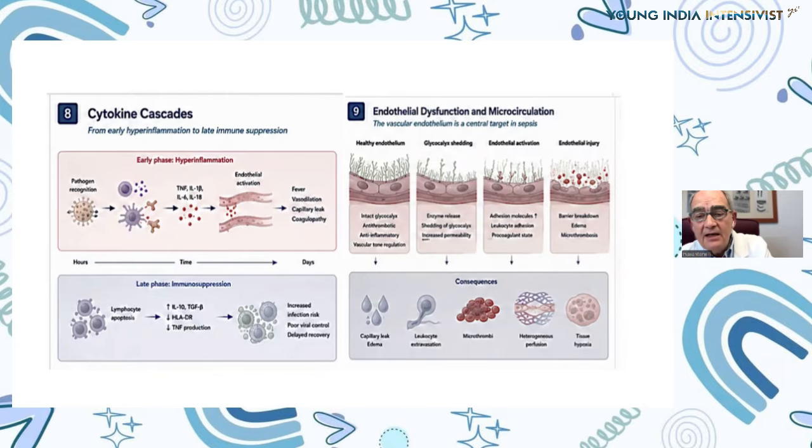Which are the clinical consequences, or those that we can detect instrumentally or clinically at the bedside? We have certainly a capillary leak and the edema that we can see in the tissues.